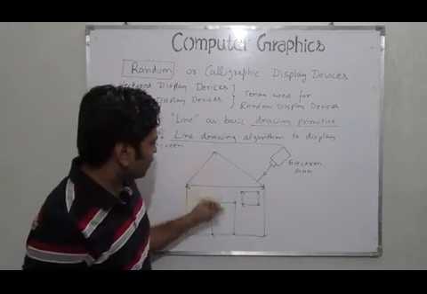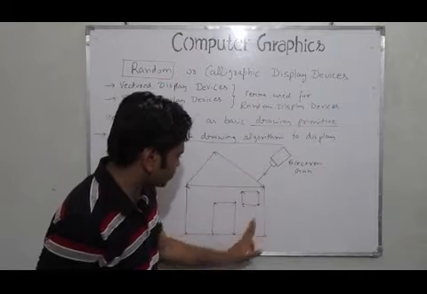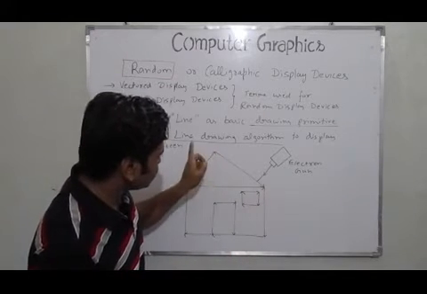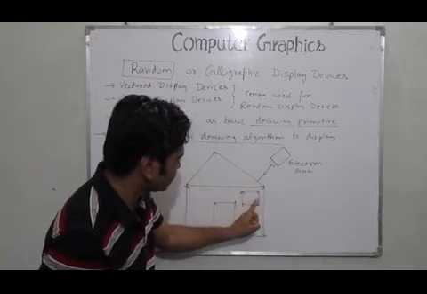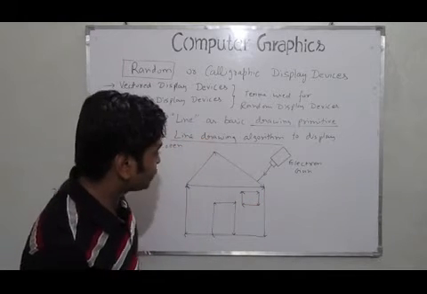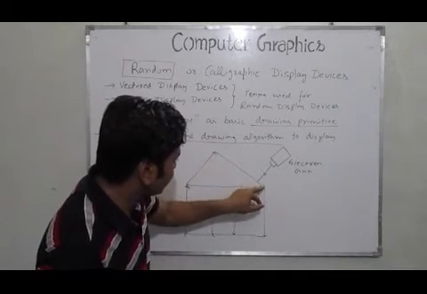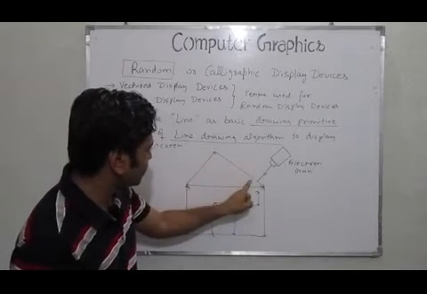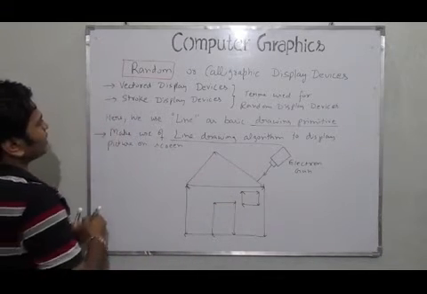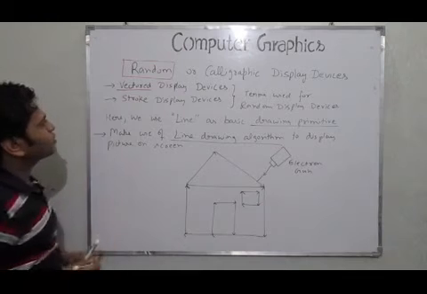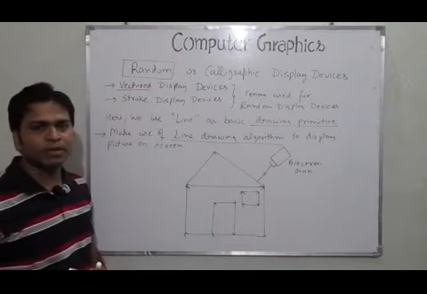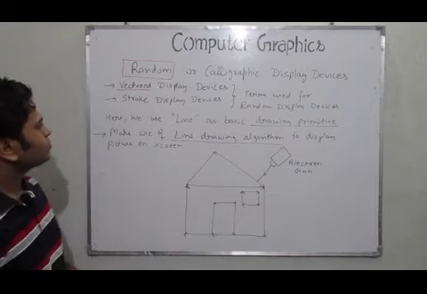Since we can see that while drawing this picture, the lines which are used show a certain direction, and the picture is drawn along a particular direction of the line, that's why it is known as a vector display device, because the concept of vector simply means direction.